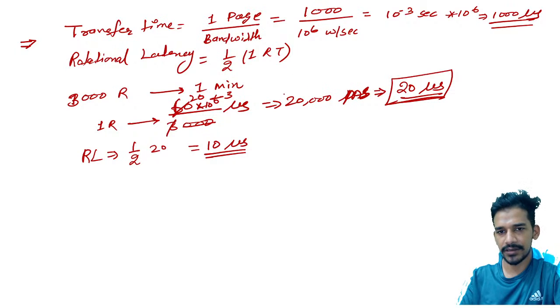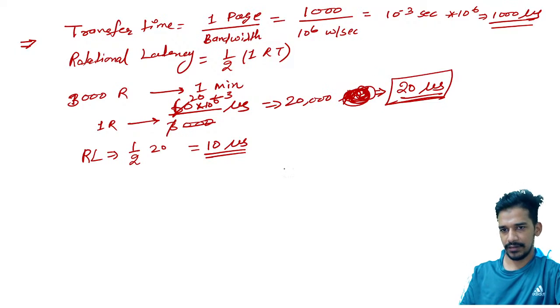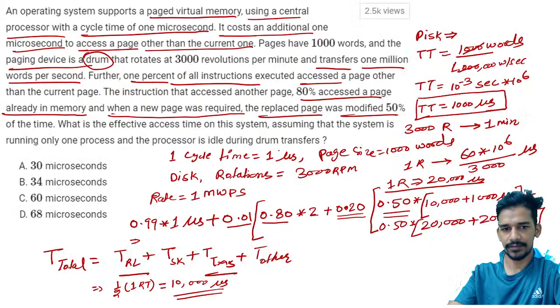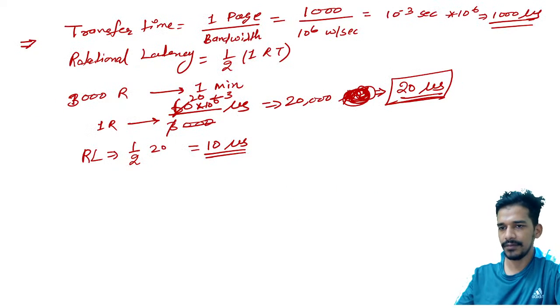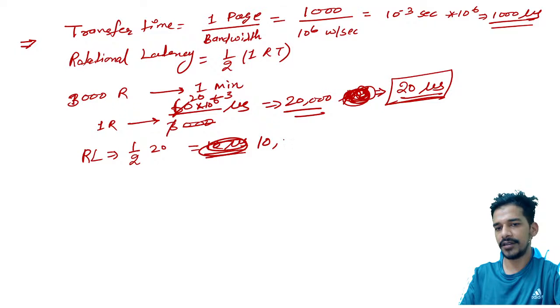One rotation is 60 into 10 to the power 6 divided by 3000, so it will be 20,000 microseconds, and 10,000 microseconds will be rotational latency.